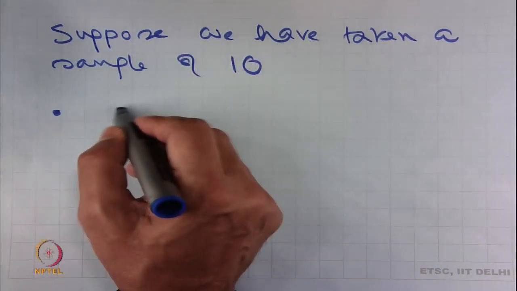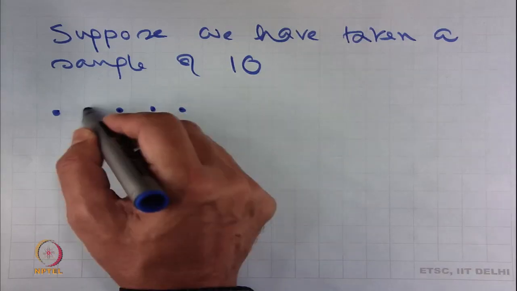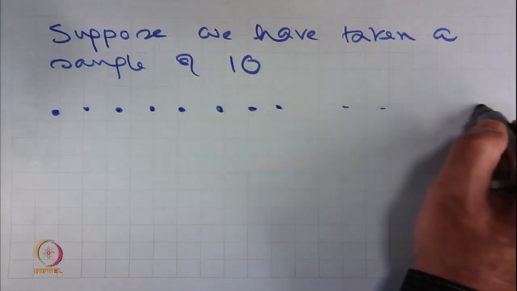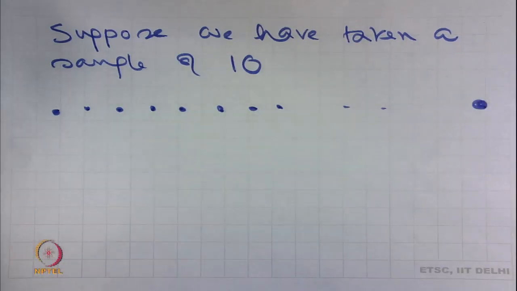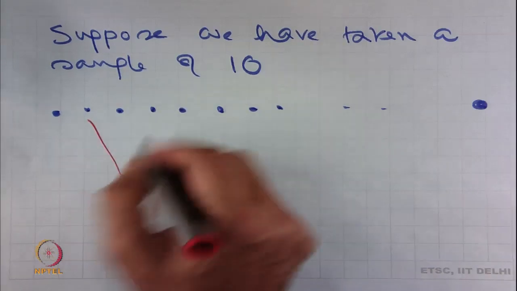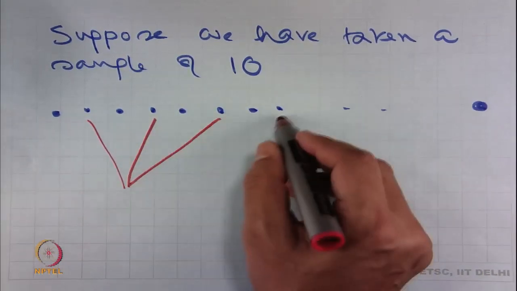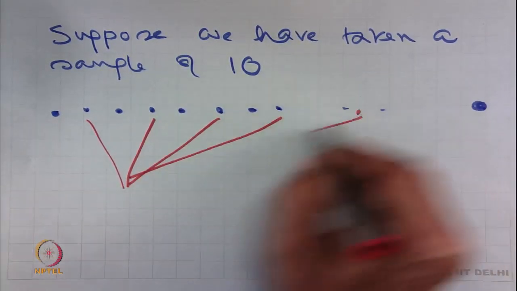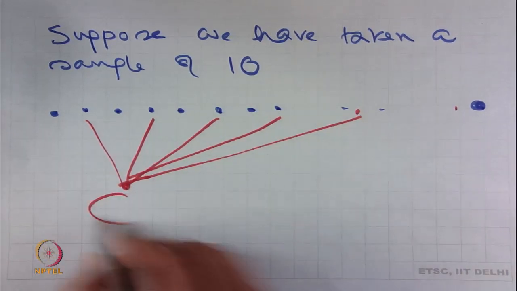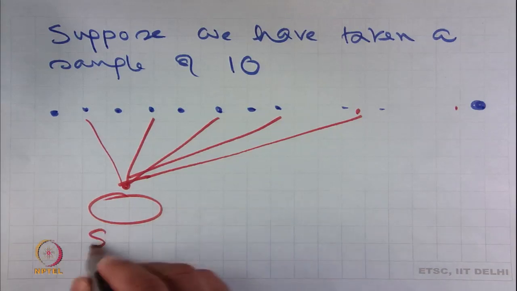Suppose this is the entire population and we have taken 10 samples out of it, and I compute the statistic.